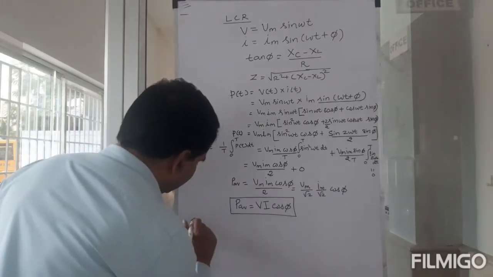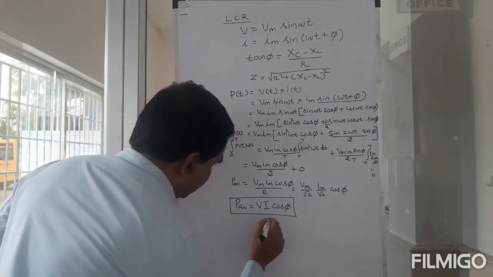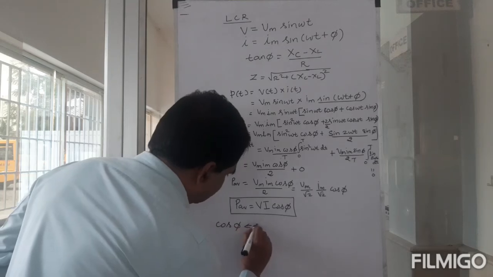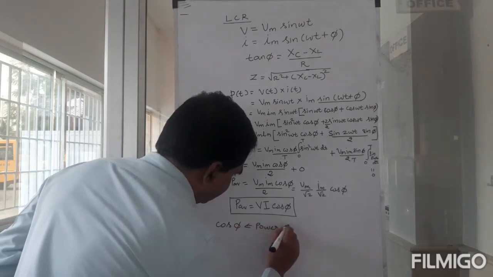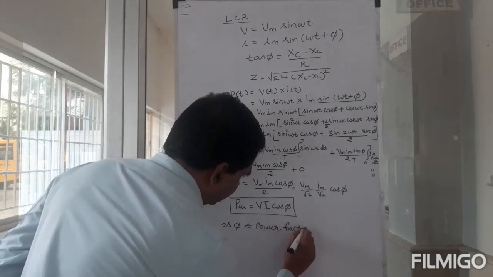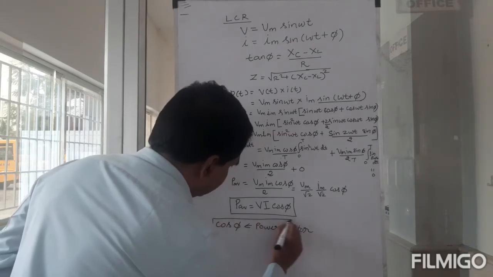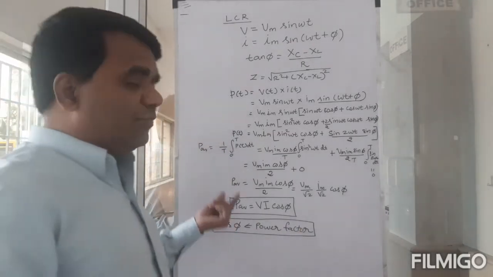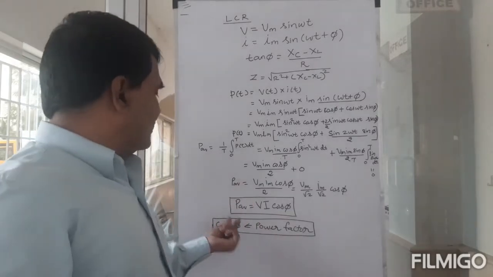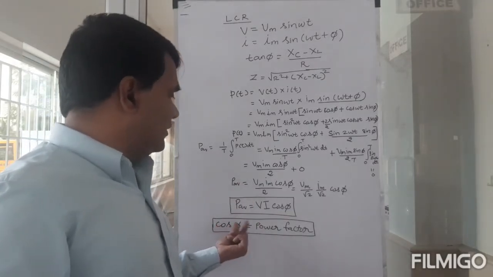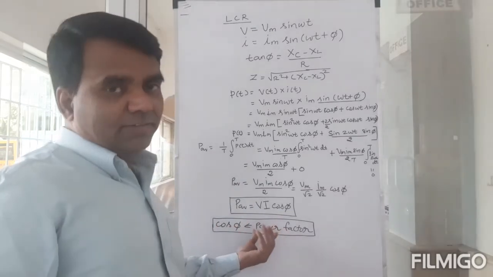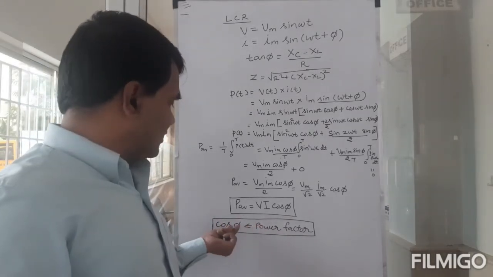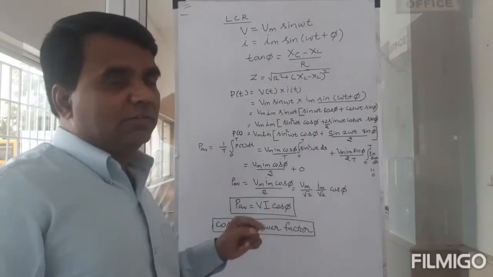Cos phi is called the power factor. So if phi is very small, then the power factor will be very high, close to 1. If phi is 0, then cos phi will be 1, so the power factor is 1.